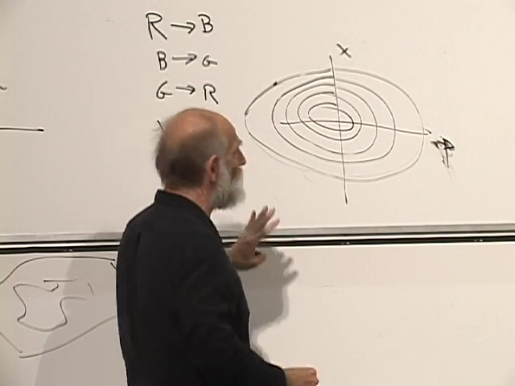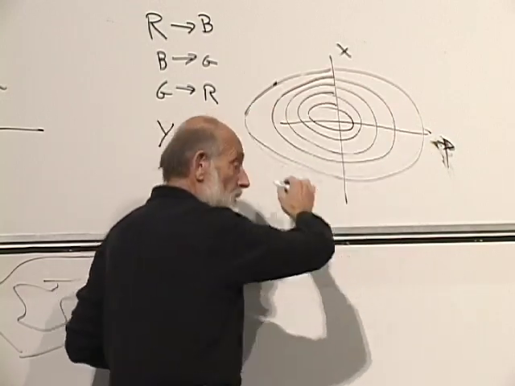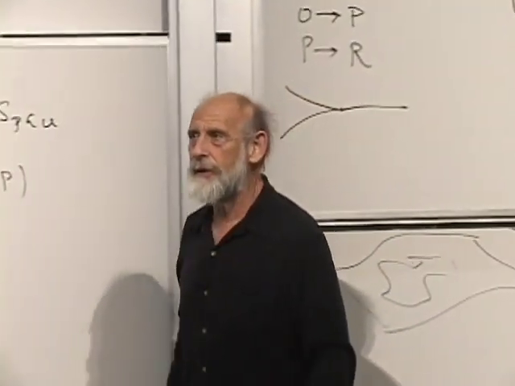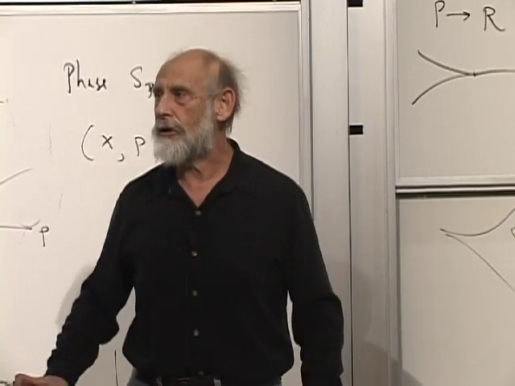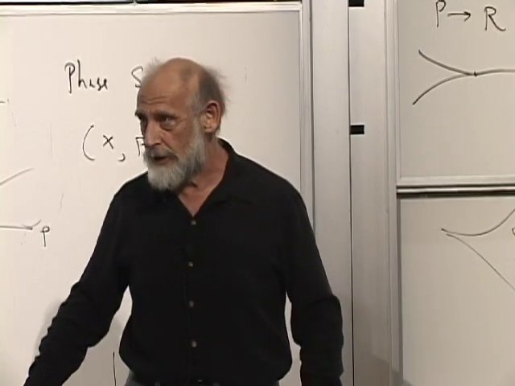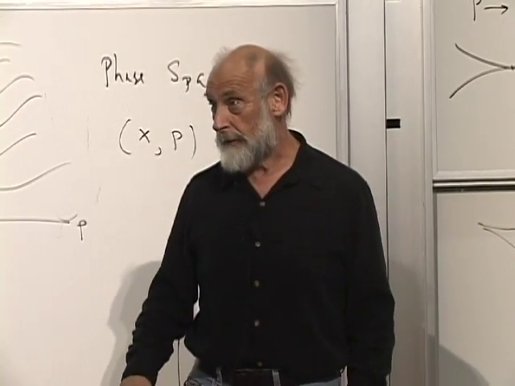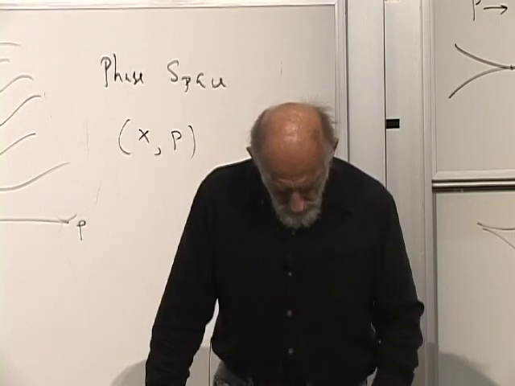So in fact, I have not so much assumed ergodicity as I've assumed that there are no additional conserved quantities besides energy, and that really is the statement of ergodic behavior. Okay.